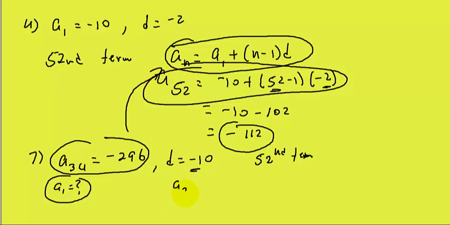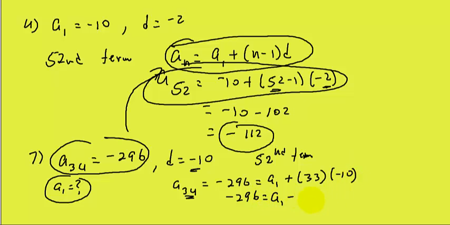So we know a sub 34 is equal to negative 296. And that has to equal the first term, which is a sub 1, plus n minus 1. In this situation, it would be 34 minus 1, which is 33, times the difference, and we know the difference to be negative 10. So I get negative 296 is equal to a sub 1 minus 330. So we're going to take the 330 to the other side.